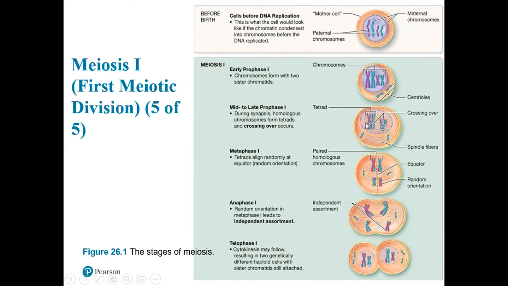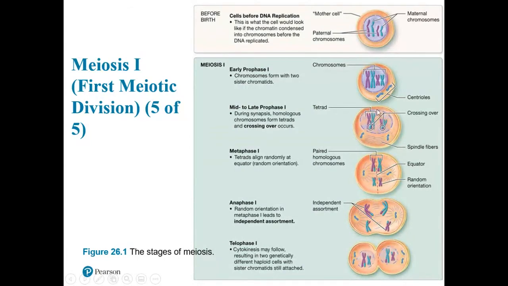The reason why this is important is because during prophase of meiosis 1, there is a mixing of genes within chromosomes. So the different chromosomes not only pair up together, but genes from one chromosome cross over to the other chromosome, right? So they mix up right there.